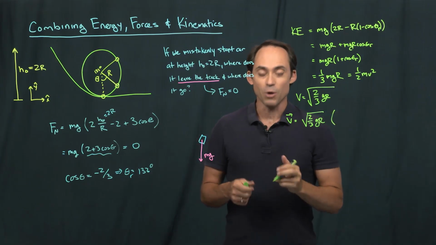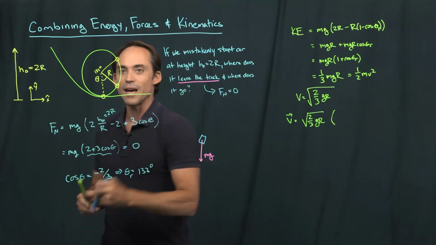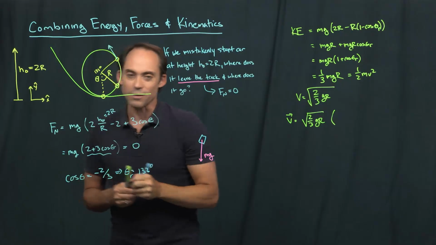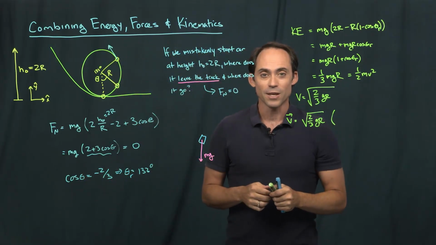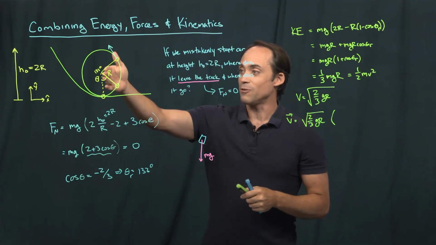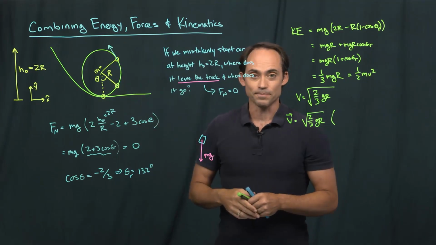Now we have to figure out what the components of velocity are. And we can get that fairly straightforwardly by just looking at the direction of motion that this cart is going in when it's at that point in the track. And of course it's following a circular motion, so that velocity vector is tangent to the circle, and it's tangent at an angle of 130 degrees relative to the bottom axis here.